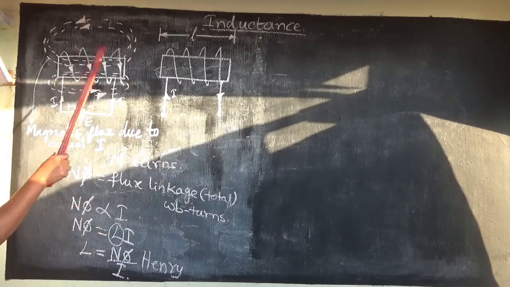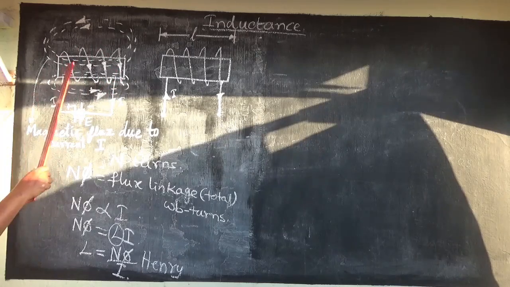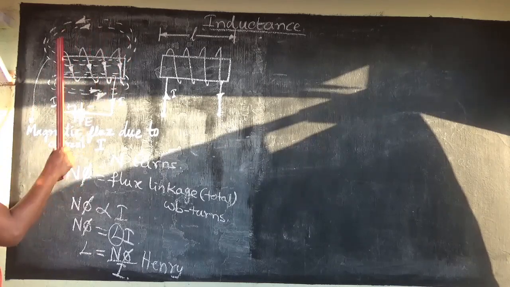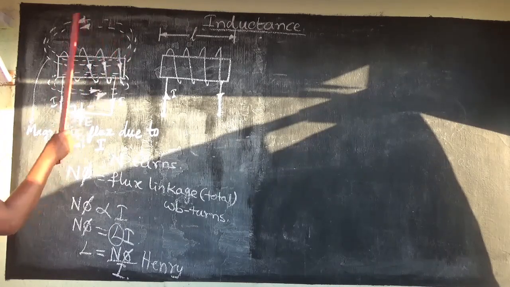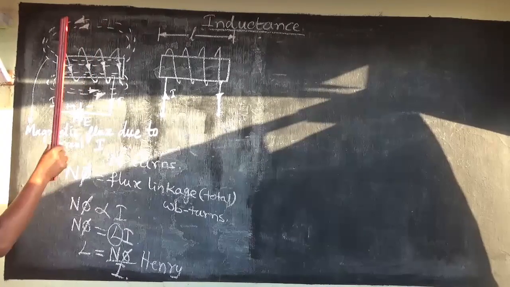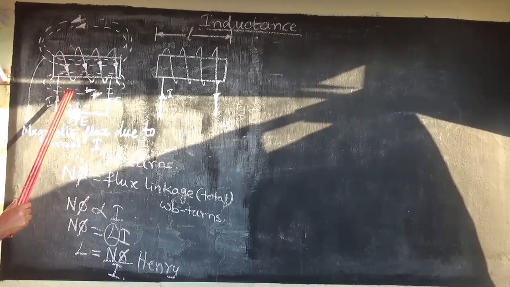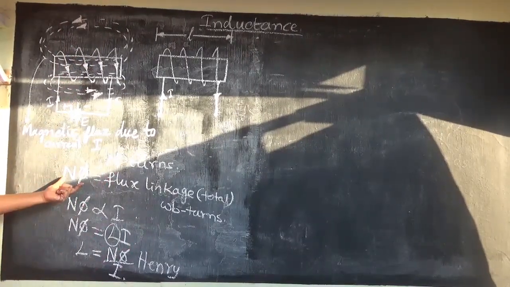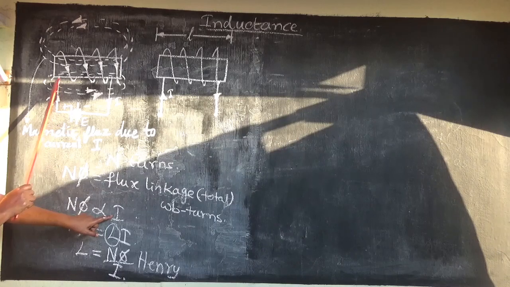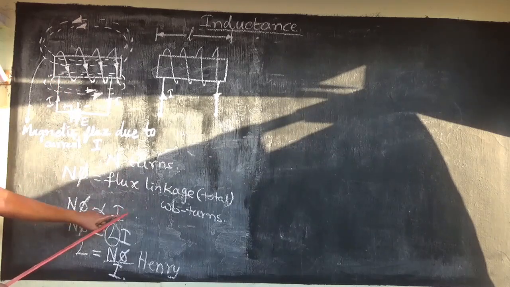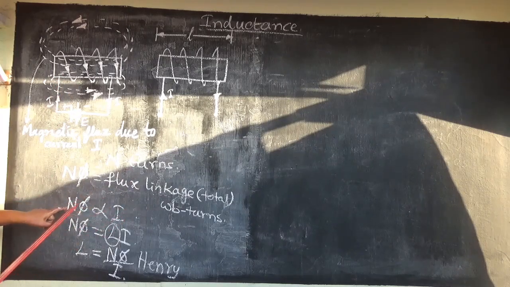So when we have an arrangement like this, some magnetic field will be produced, meaning some flux will be produced, and the same flux will link with the turns itself, and this is called flux linkage. This flux linkage N phi is directly proportional to the current I flowing through it. So the larger the current, the more the flux linkage.